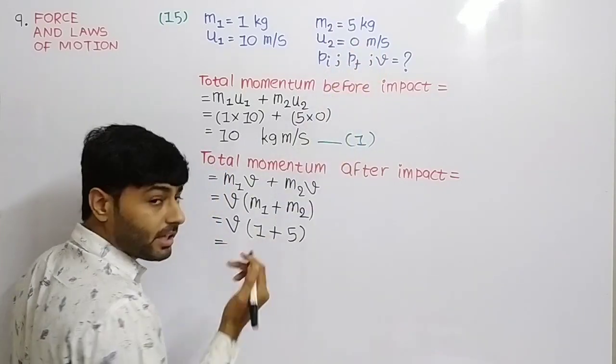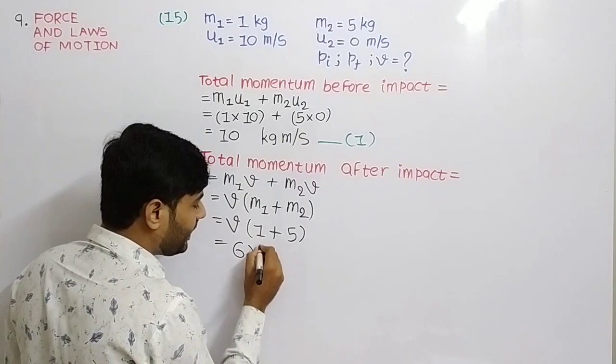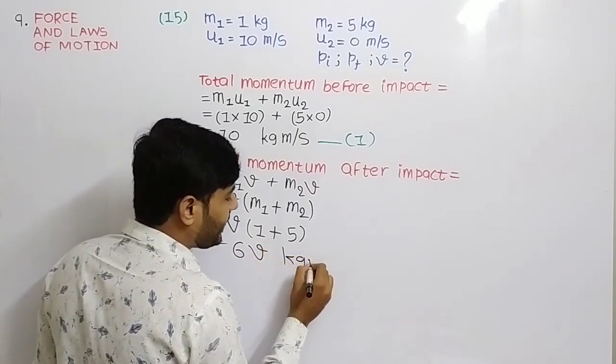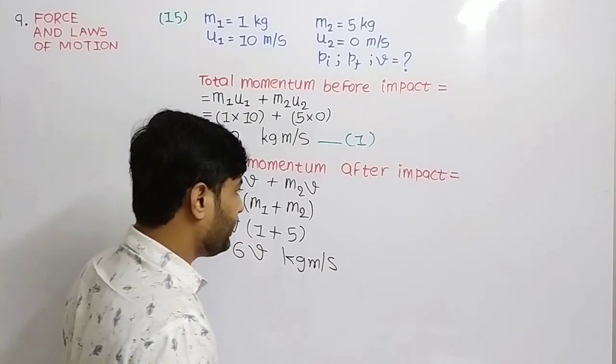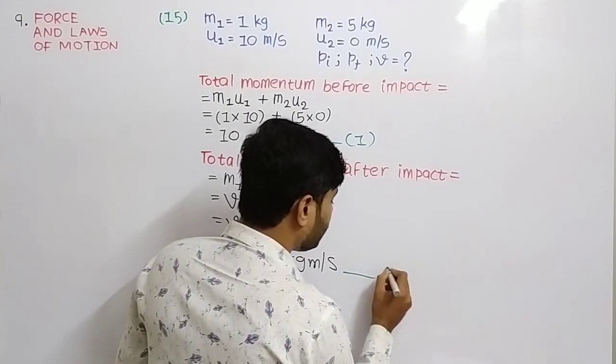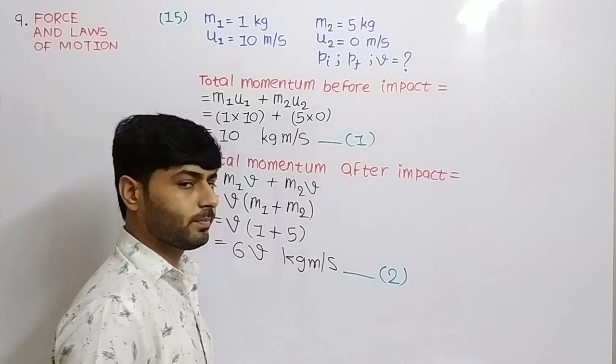So I have 5 plus 1, that is 6v kg meter per second, as result number 2.